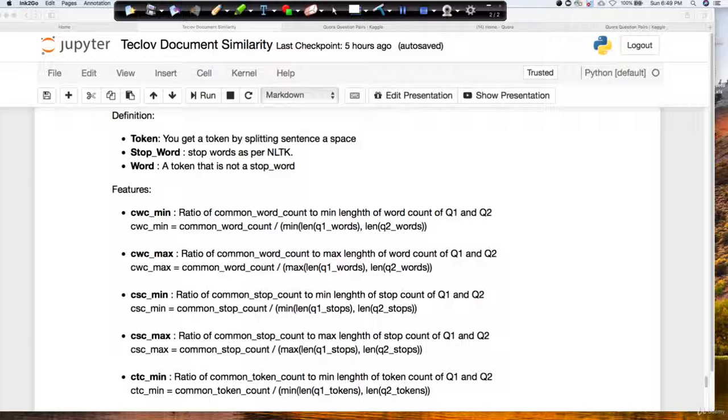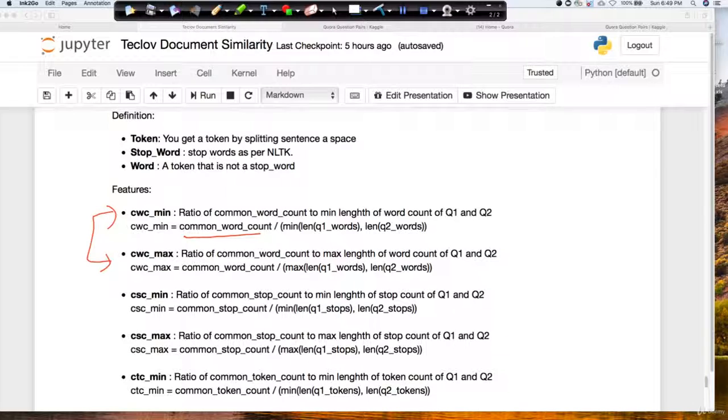Now let's understand the first two features which we are deriving here. The first is the ratio of common word count to the minimum length of word count of Q1 and Q2. What does this mean? Let's say for question 1 and question 2, I collect all the words and take the intersection of them.